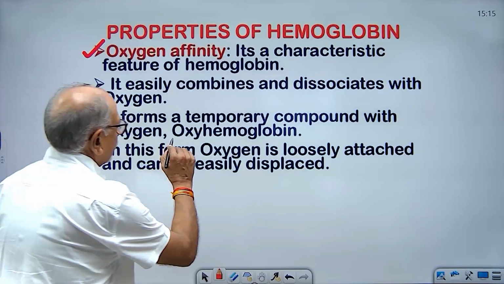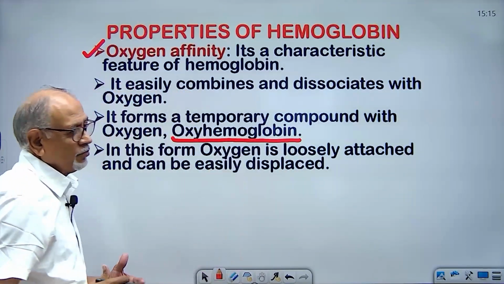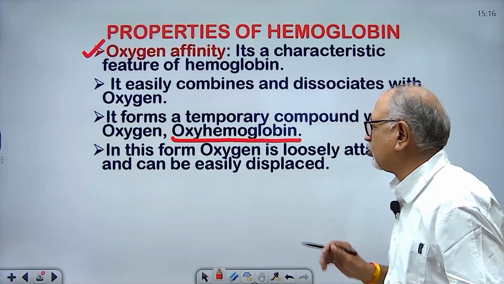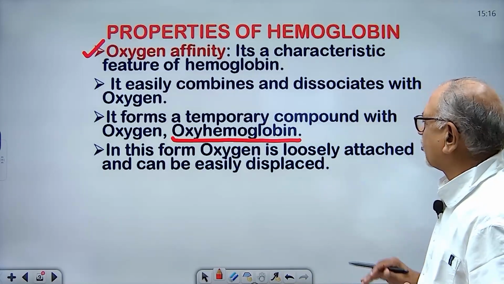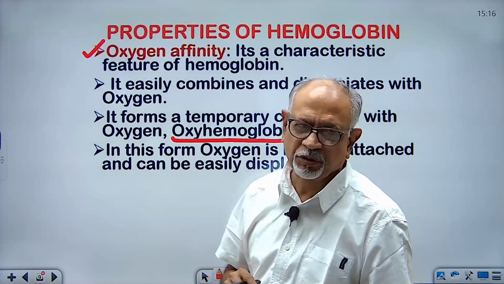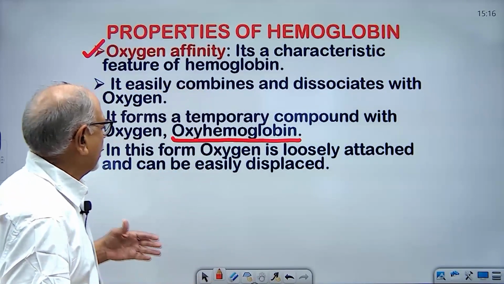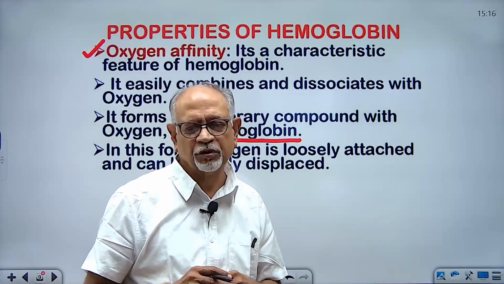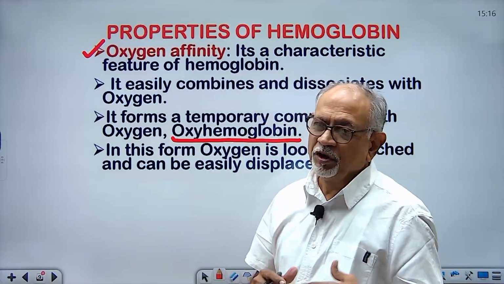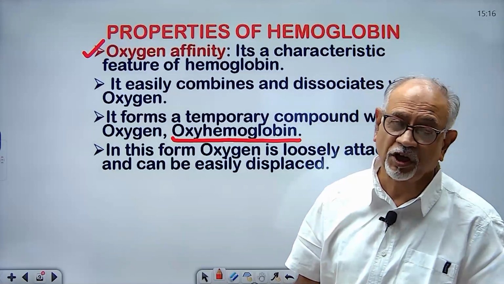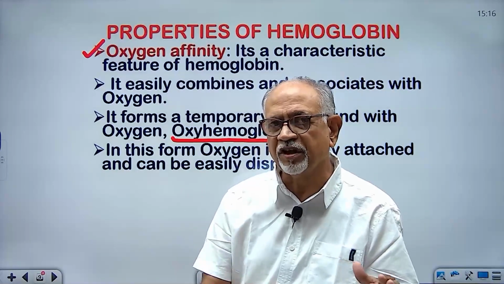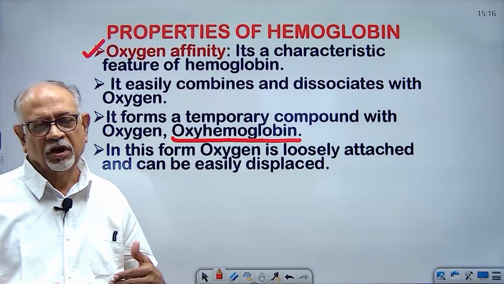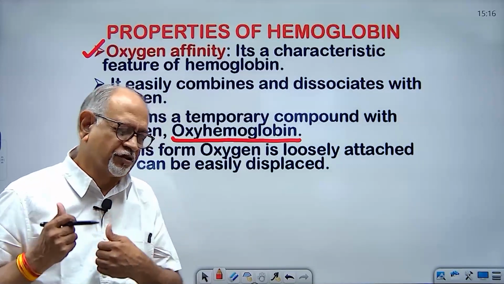This temporary compound with oxygen is called oxyhemoglobin. In this form, oxygen is loosely attached with the hemoglobin molecule, and when this oxyhemoglobin reaches the cells and tissues, due to higher concentration of carbon dioxide, dissociation of oxyhemoglobin occurs and oxygen is released to the tissue and the hemoglobin is back into the system.